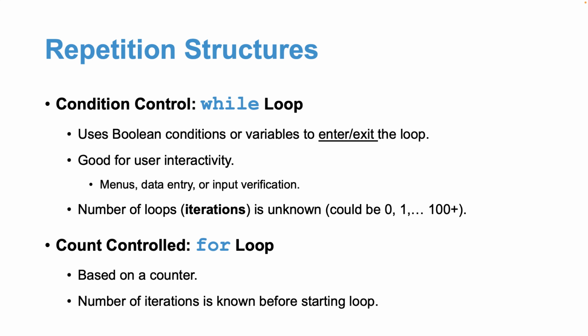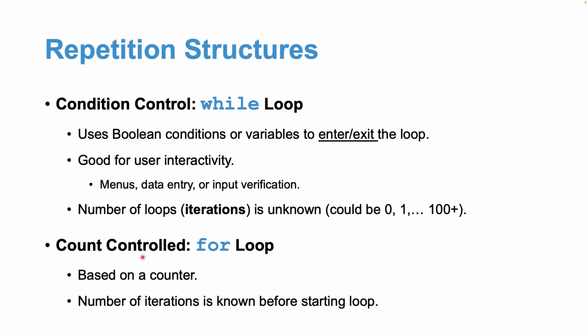So here we look at two broad categories of loops. We have condition control, and also we have count control. In the condition control, we have a true-false condition that will control the number of times that a set of actions are going to be repeated.